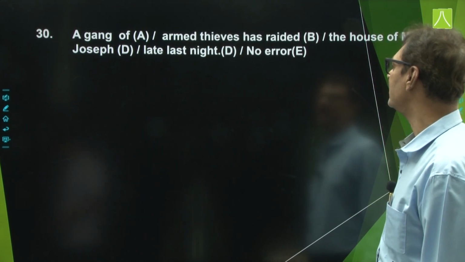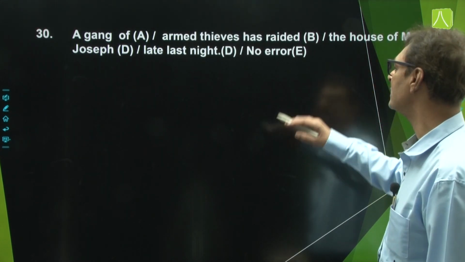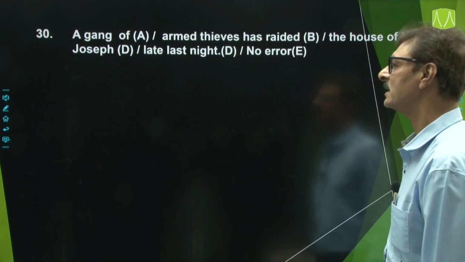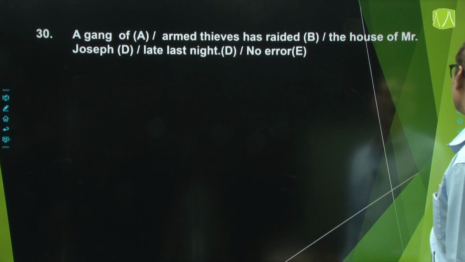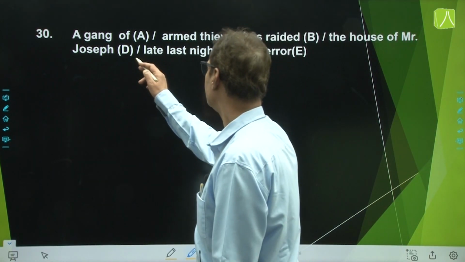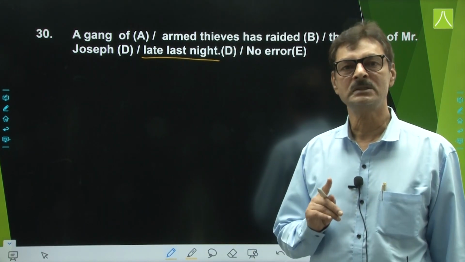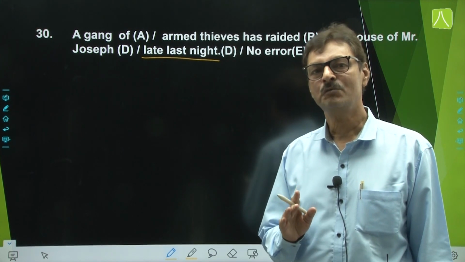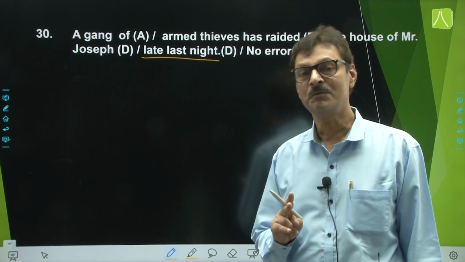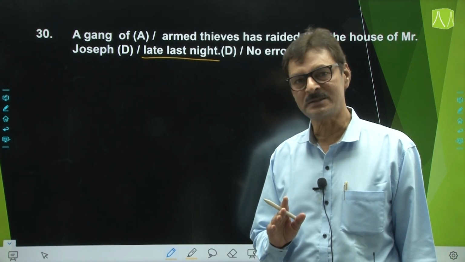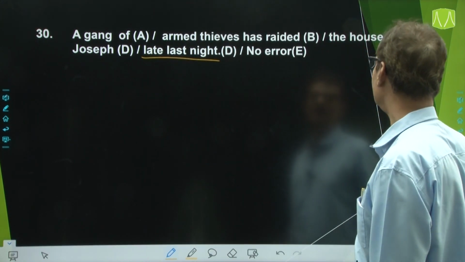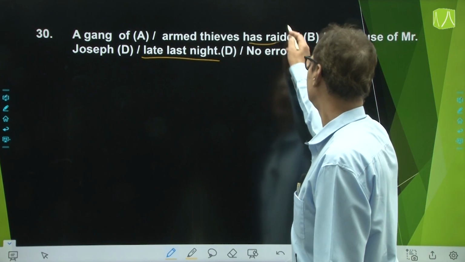A gang of armed thieves has raided the house of Mr. Joseph late last night. किसकी बात करें? Late last night. So the adverb clause of the past has been specified. So which form of the verb should be used? Past simple. यहाँ पे हमने कौन सी use की है? Has raided.